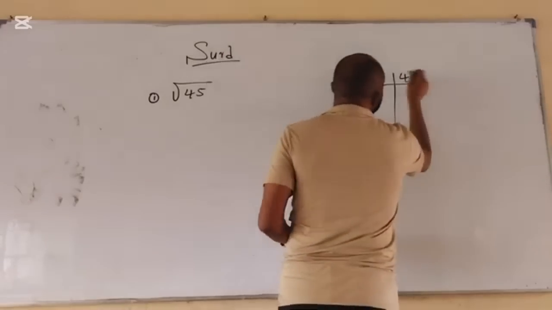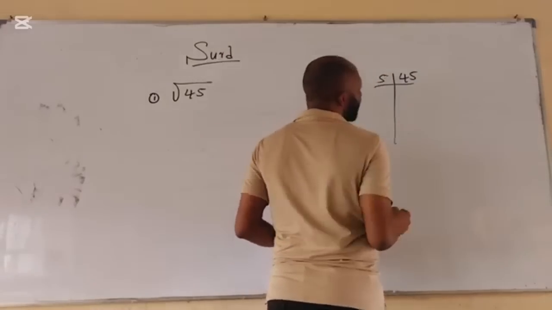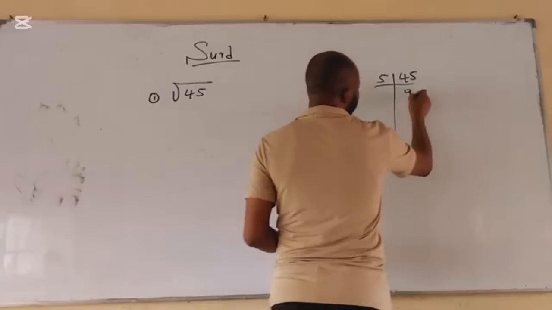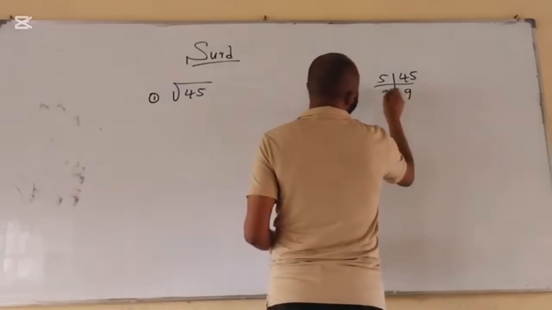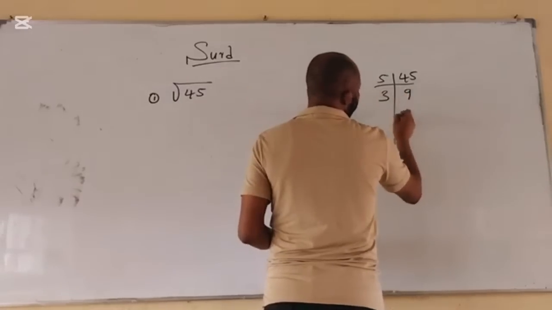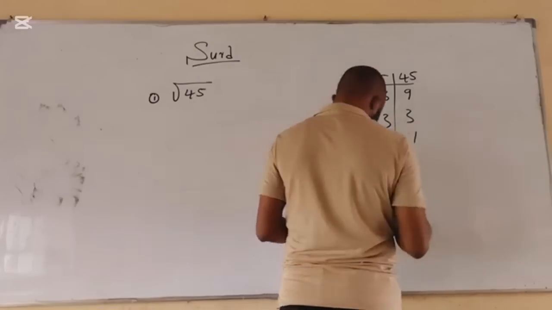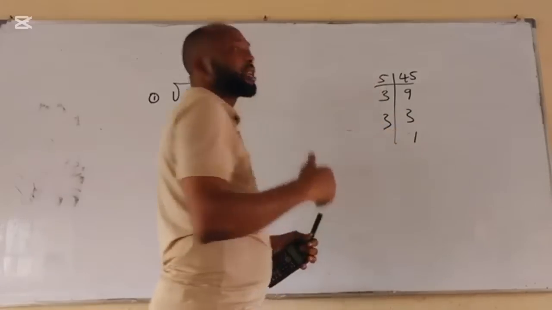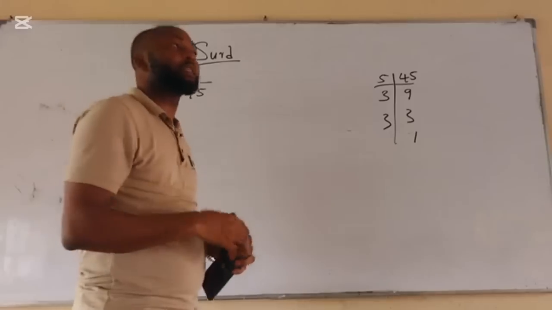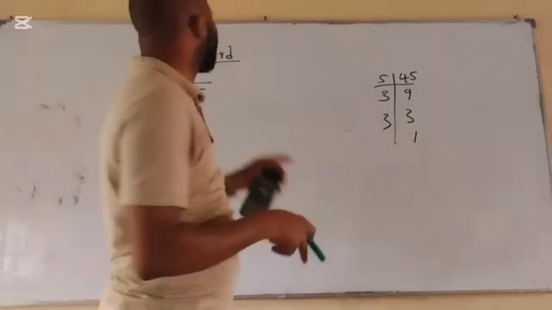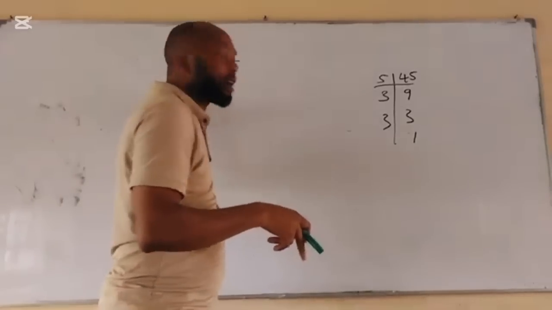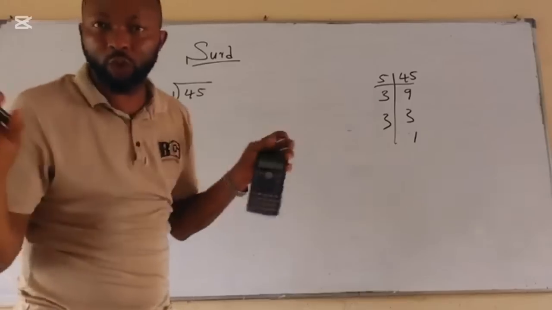45 divided by 5 will give you 9. This 3 going here will give us 3, and 3 going here will give us 1. So why am I simplifying the surd? The reason is I want to get a factor inside this number which can give me a perfect square.